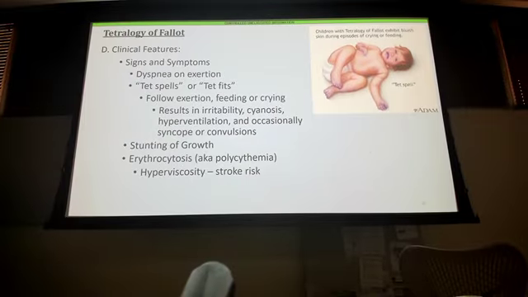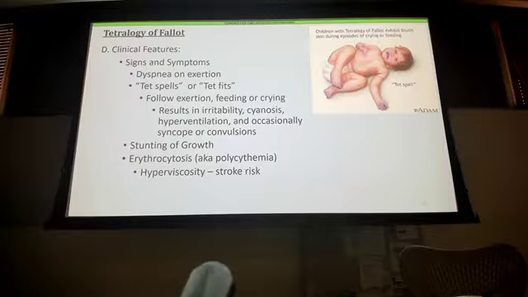And what can happen is anything that causes that pressure on the right to increase can precipitate a TET spell. So if I increase the pressure on the right, I increase that shunt of right to left, and now I get a TET spell, or I get a worsening of the cyanosis.